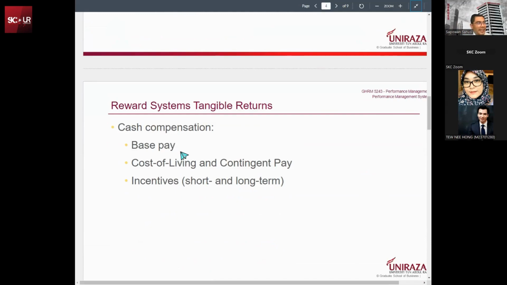Okay, ni kita tengok type of reward. The first one, the type of reward, number one, compensation. Cash compensation. Tangible. Yang pertama, base pay. Basic salary is the base pay. Cost of living, contingency pay, incentive, okay, short term and long term.